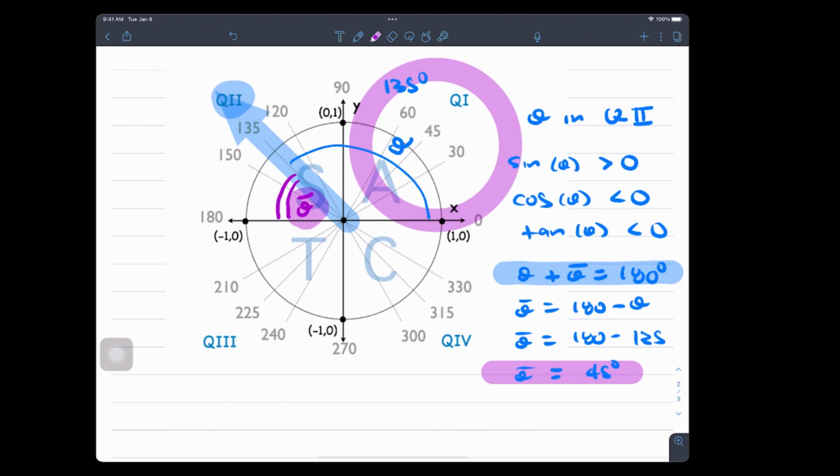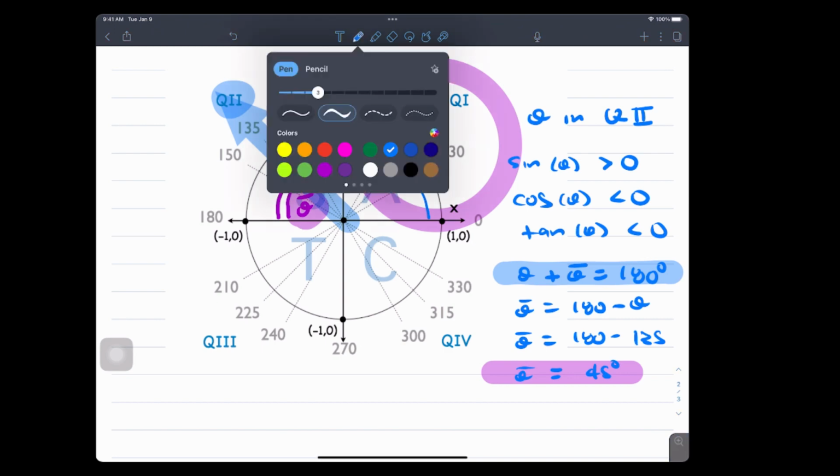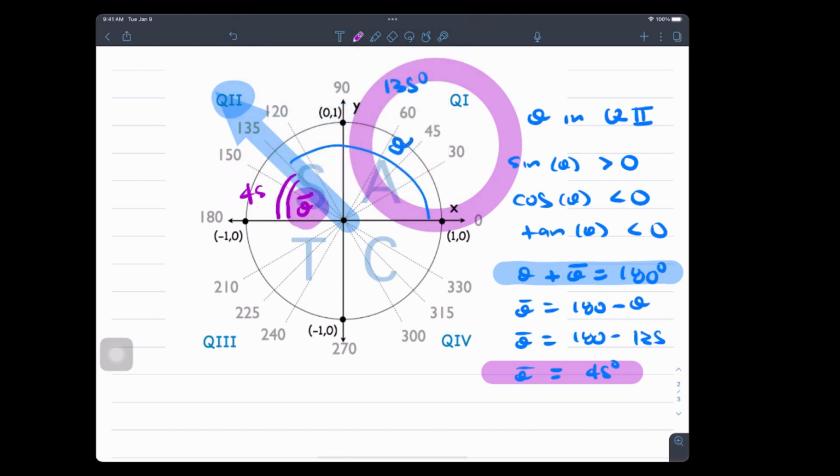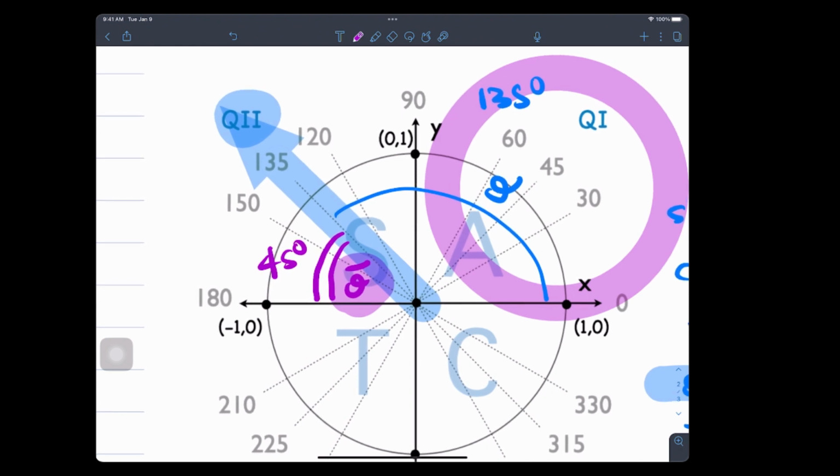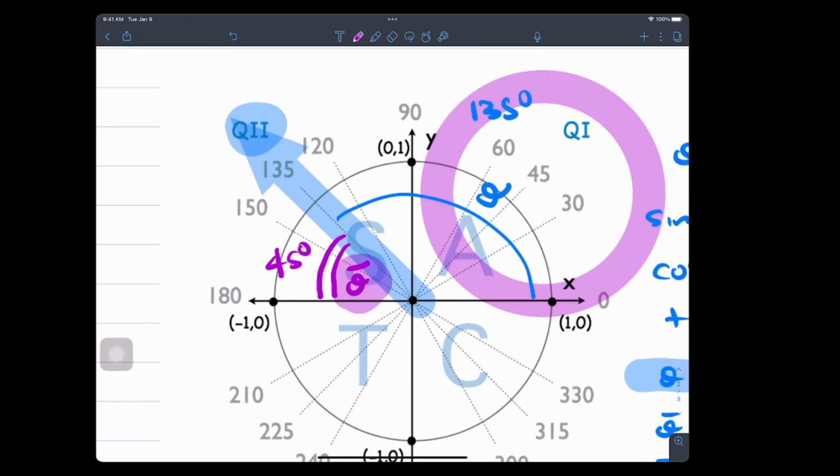And that should make some sense because 135 plus 45 is 180. That's the straight line right in here. Okay, you guys okay with that?